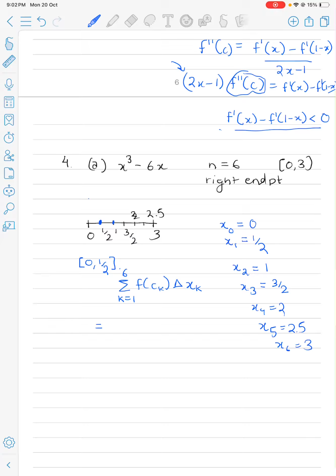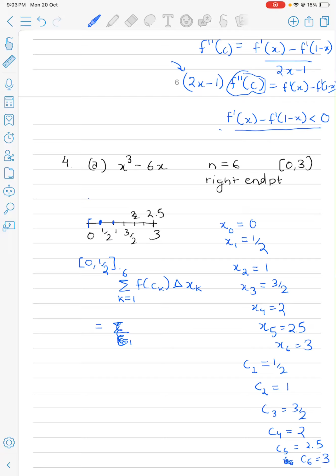Now, c1 is equal to half, c2 is equal to 1, c3 is equal to 3 by 2, c4 is equal to 2, c5 is equal to 2.5, and c6 is equal to 3.